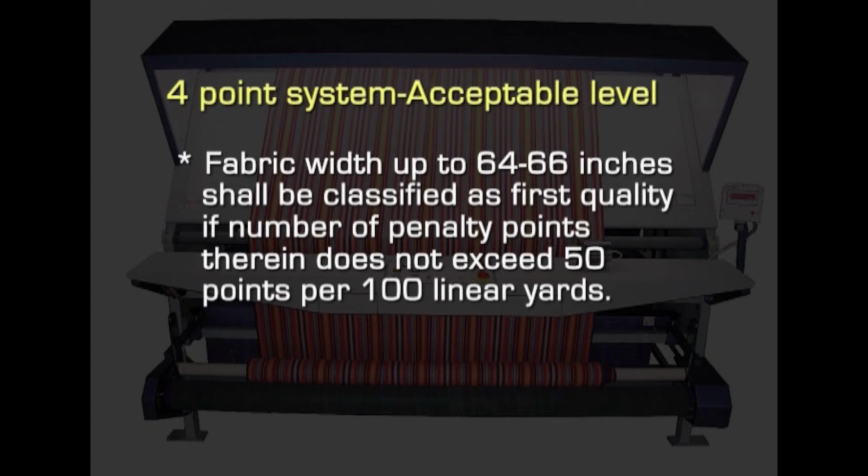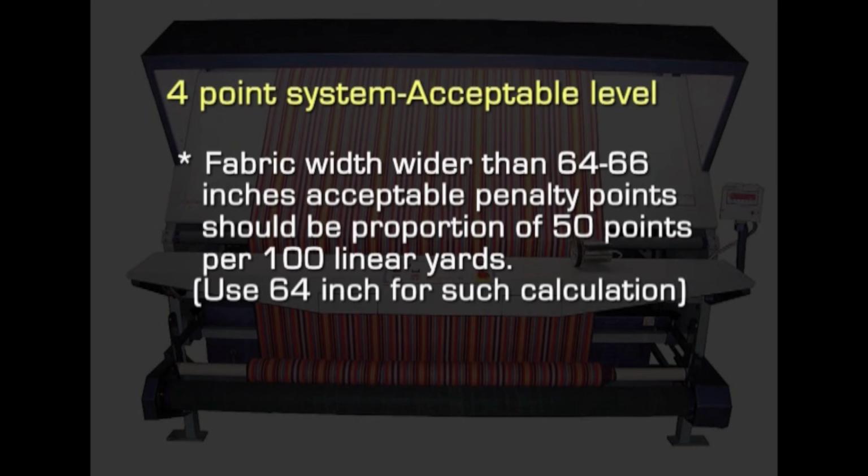Fabric width up to 64 to 66 inches shall be classified as first quality if the number of penalty points does not exceed 50 points per 100 linear yards. For fabric wider than 64 to 66 inches, the acceptable penalty points should be in proportion to 50 points per 100 linear yards. That means 64 inches is used for such calculations.